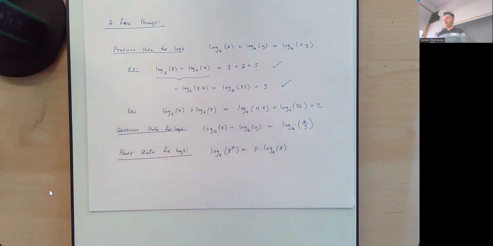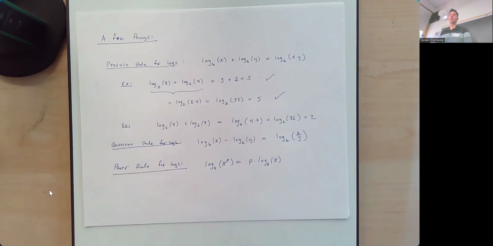Or as we often say, the power comes down in front of the logarithm. To me, this is really just an application of the product rule. Just like how repeated addition is multiplication, it's kind of the same thing here. Repeated multiplication ends up just being exponentiation.